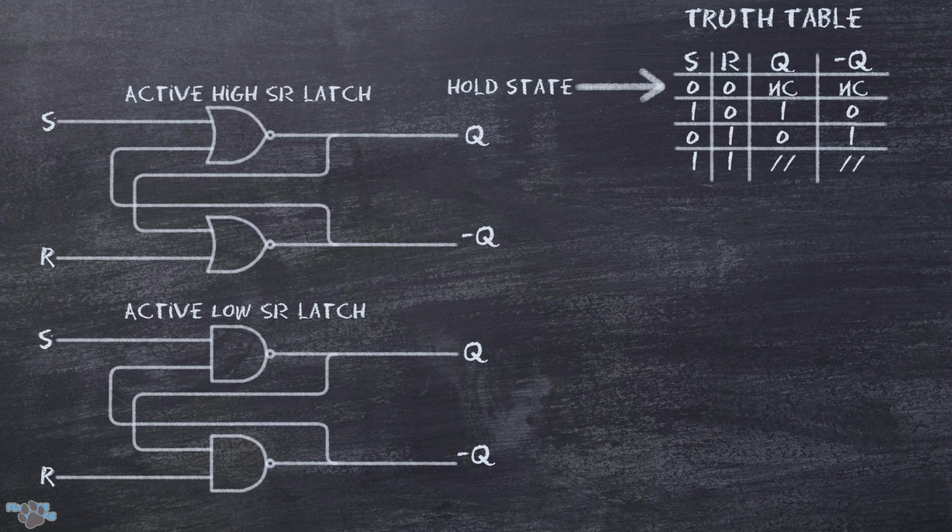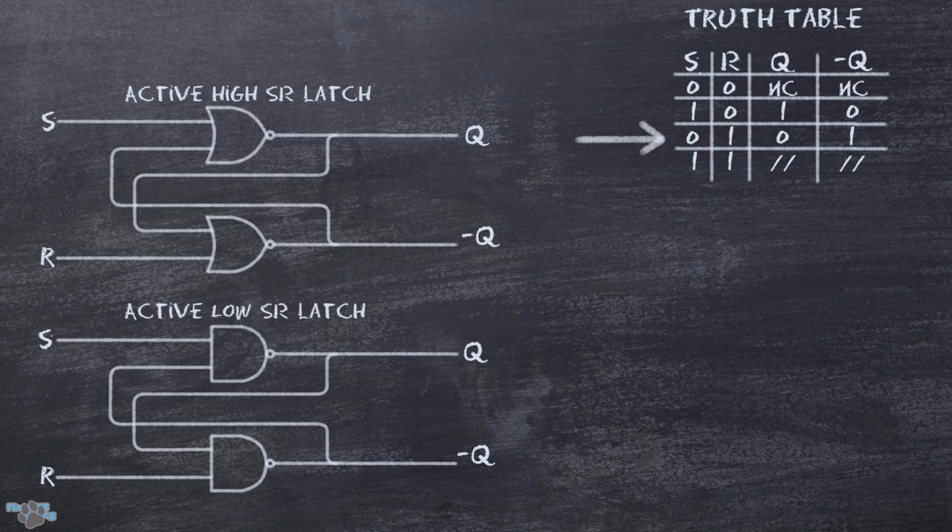In the hold state, the SR latch simply stores the previously set bit, either a 1 or 0, effectively remembering it. When we activate the set position, it places a bit in the Q position, stored as a 1, and the inverse 0 in the negative Q position.